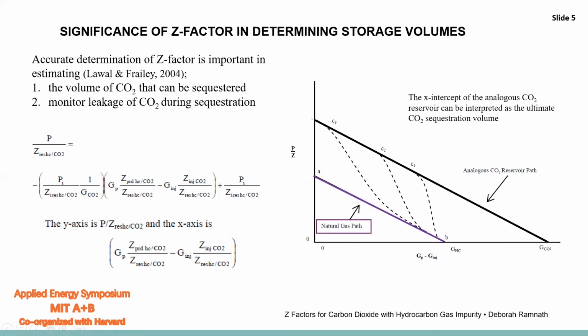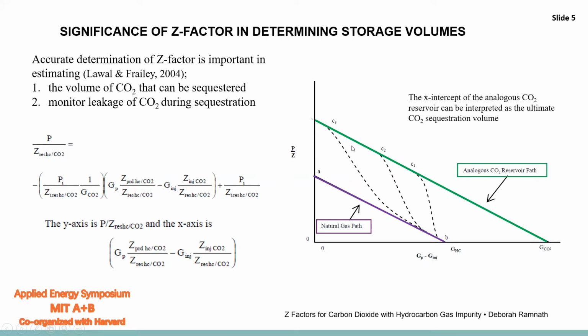Firstly, a linear line is observed from the extrapolation of the historical production of gas from a hydrocarbon reservoir. This is labeled as natural gas path. A second parallel line can be drawn which reflects the predicted performance of the same reservoir with CO2 instead of hydrocarbon, and this is seen as the analogous CO2 reservoir path.